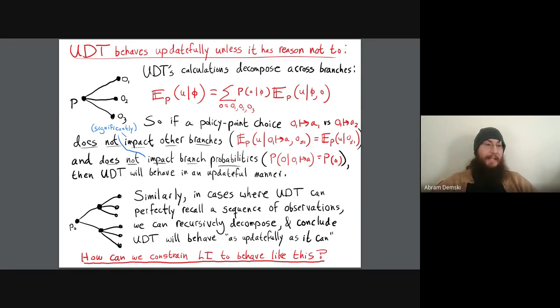So this would be like in a transparent Newcomb problem, for example, which is Newcomb's problem where we can see the money in both boxes, so that we actually know what Omega's prediction was.